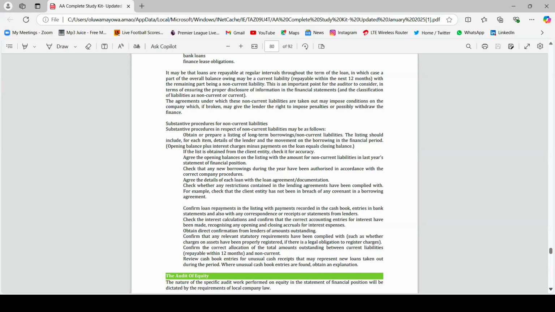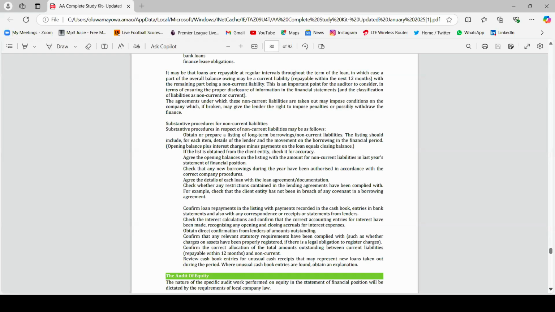You want to check for the accuracy of the loan, the calculation, the repayment. You want to check that the opening balance and the closing balance figures are right. Then you also want to verify the loan agreement and documentation. Is it appropriate? Is the client in line? You also want to check that there is no restriction or clause in the loan agreement.